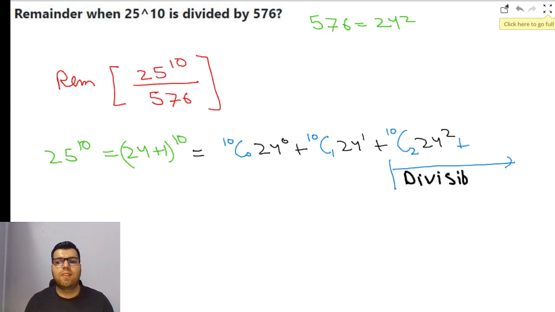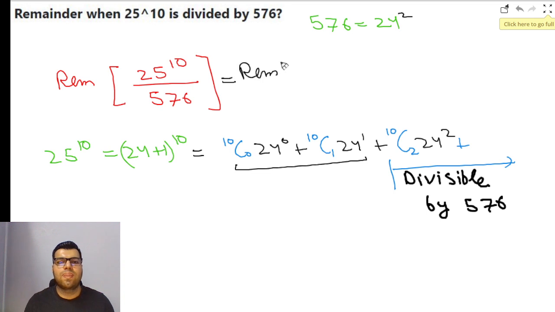Since we know 576 is 24 square, after this term all the numbers will be divisible by 576. So we just have to cater to this part.